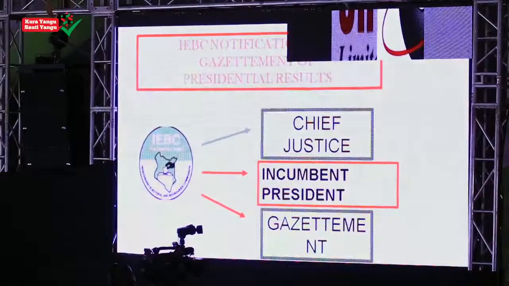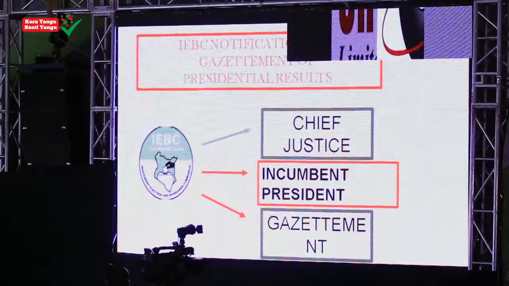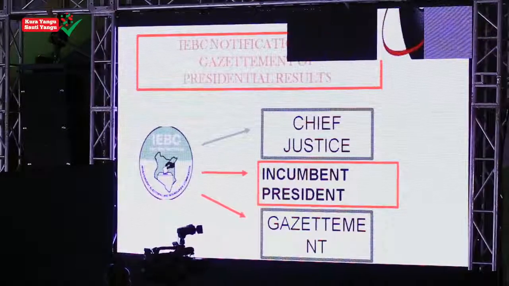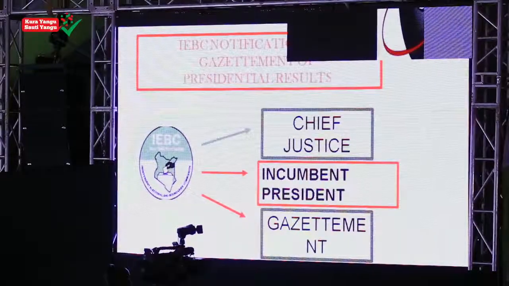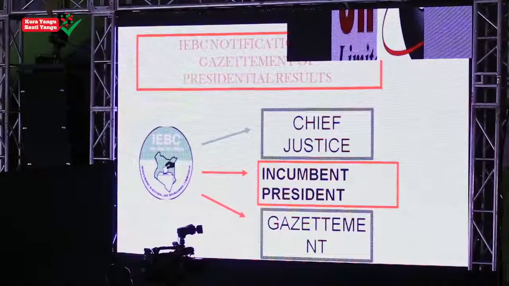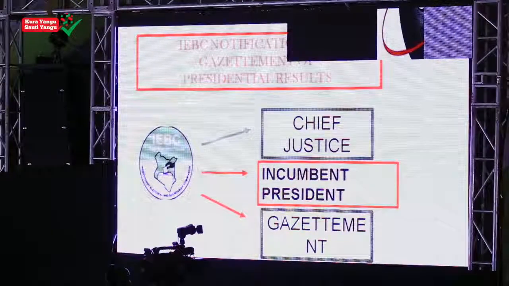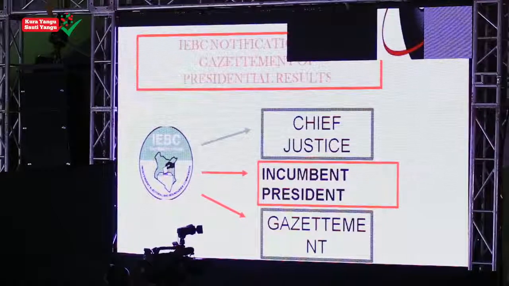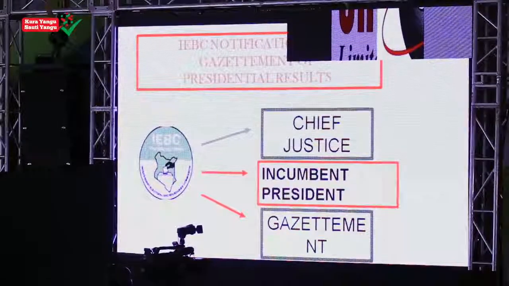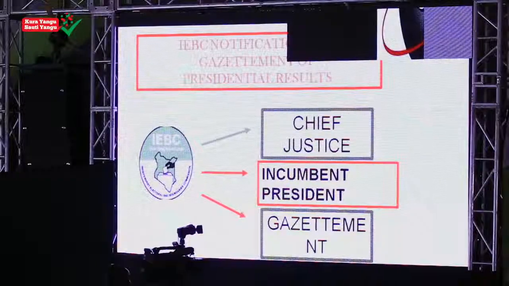After that, the chairman then gives the result to the Chief Justice, incumbent, and then the incumbent president and the gazettement. That brings to an end my presentation on the election results management framework. It's for a purpose of being able to appreciate that the Commission has put in place enhanced accountability in as far as the result path is concerned, so that when you leave here, you have clarity on how the results will be counted, announced, and declared. Thank you very much.